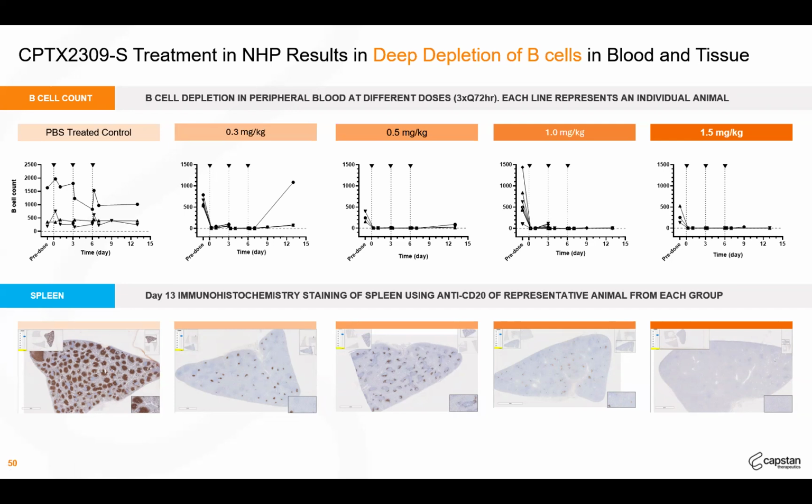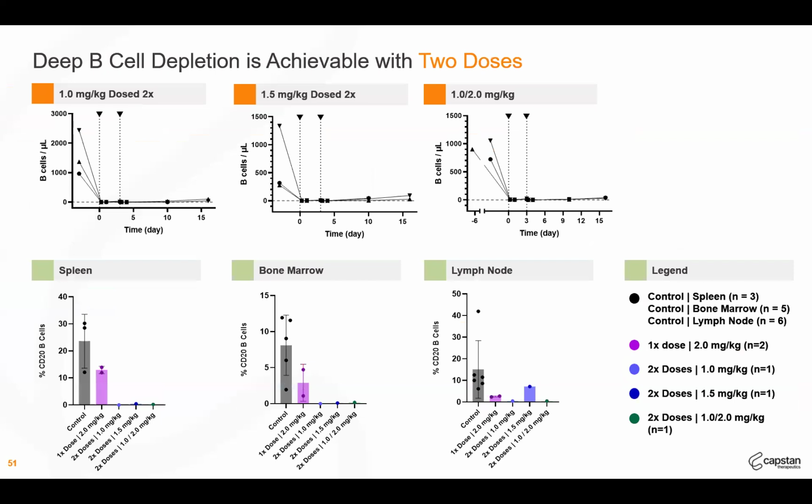And this is important not only for oncology, but also autoimmunity to achieve that reset that has been seen by groups using CAR-19 targeted T cells. And that deep B cell depletion is achievable with 2 doses, up top in the blood and here in the spleen and the bone marrow and the lymph node.